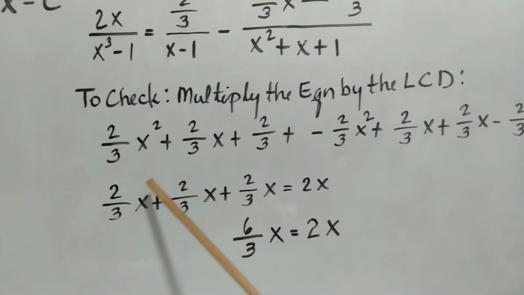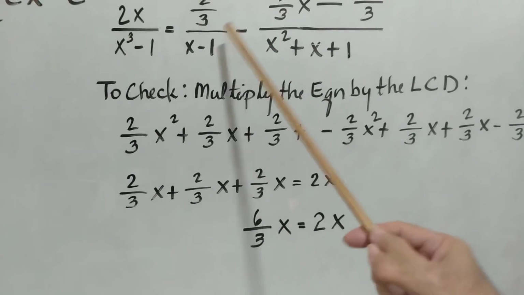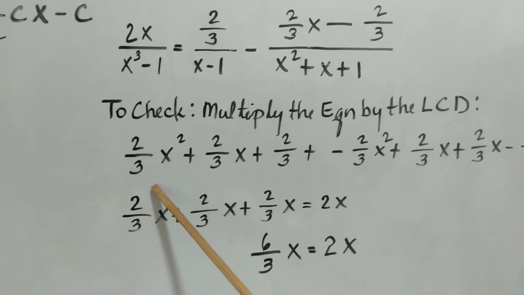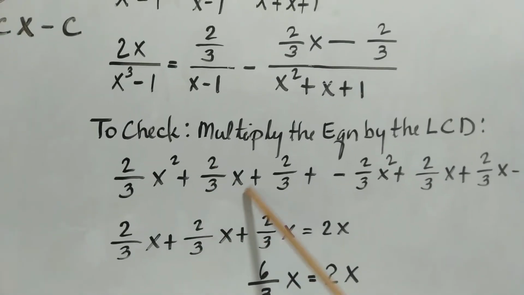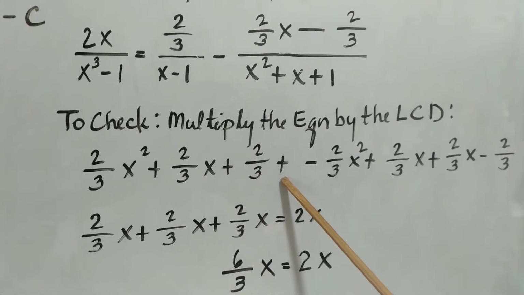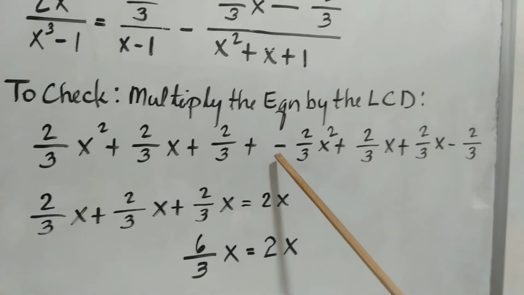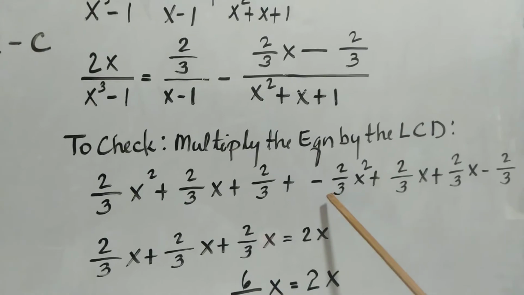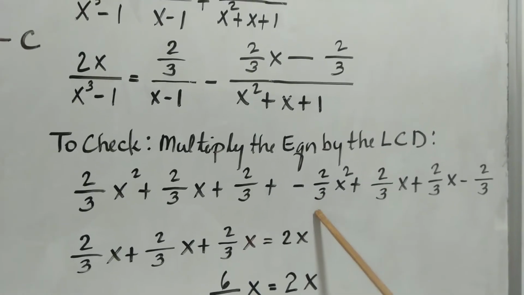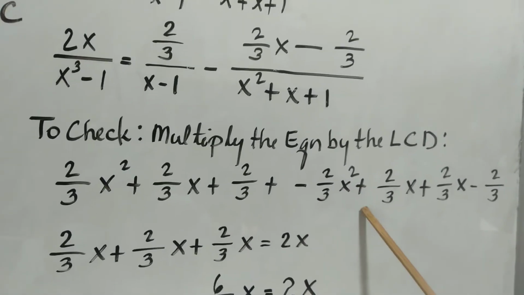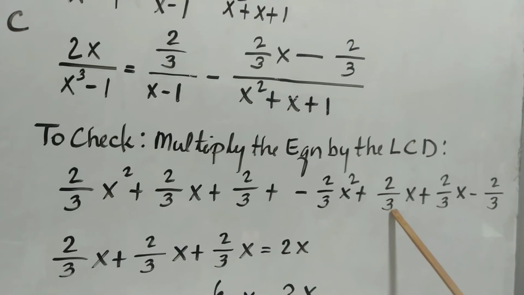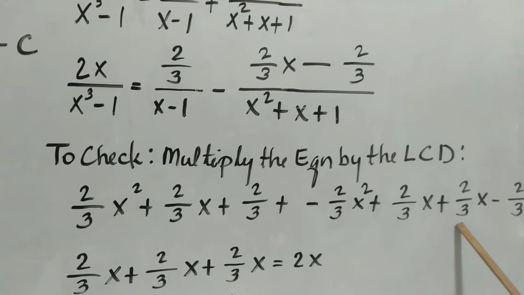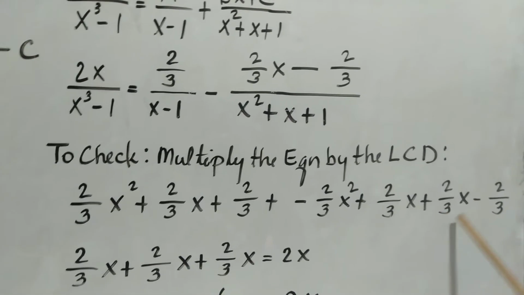After doing that, we get 2x is equal to 2/3 times the distributed denominator: 2/3 x squared plus 2/3 x plus 2/3, plus we multiply this one to the numerator here, minus 2/3 x squared plus 2/3 x, plus 2/3 x, I mean, minus 2/3.